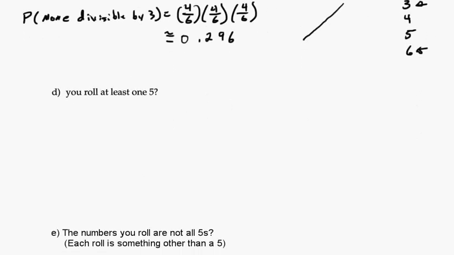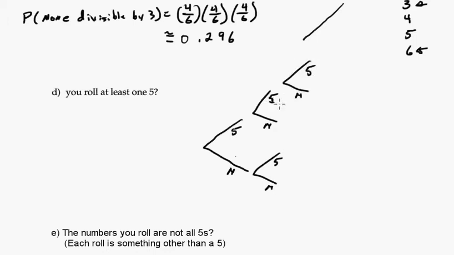You roll at least one 5. Let's see if a tree helps me. First roll I get a 5 or not a 5, then the second roll, the third roll.